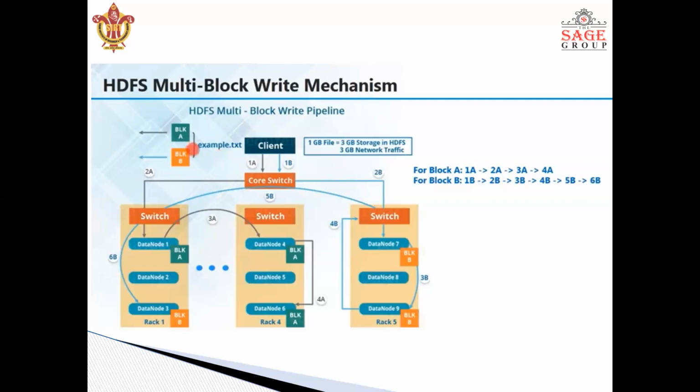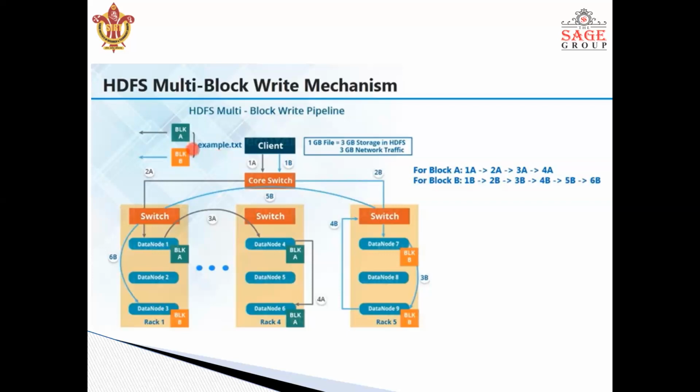Now, I've told you that the writing mechanism takes place in 3 steps. So the actual writing will happen sequentially. That means it will first get copied to the first data node, then the second, and then the third. But the multiple blocks will be copied at the same time.